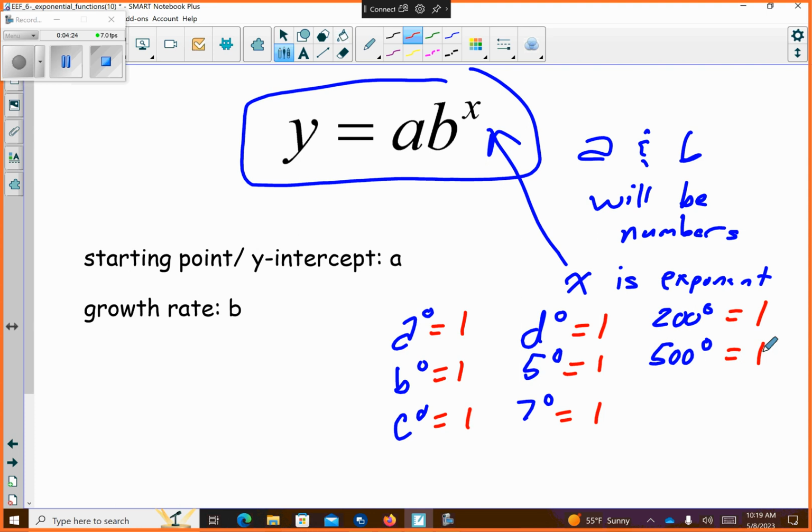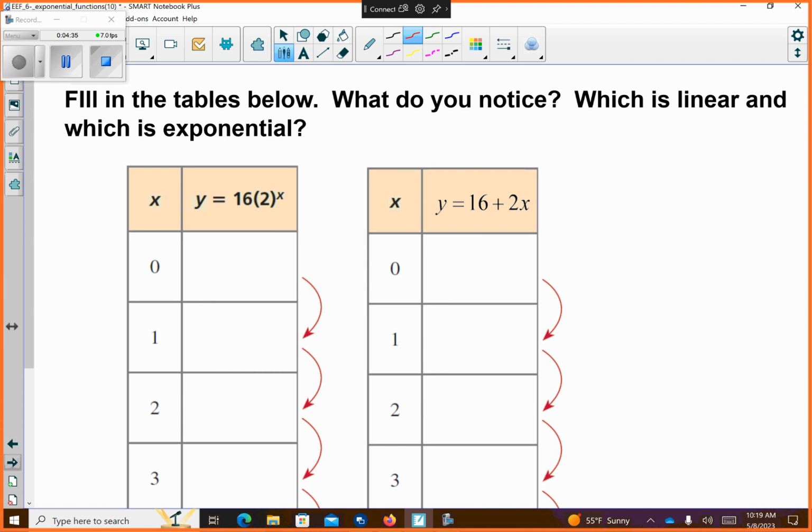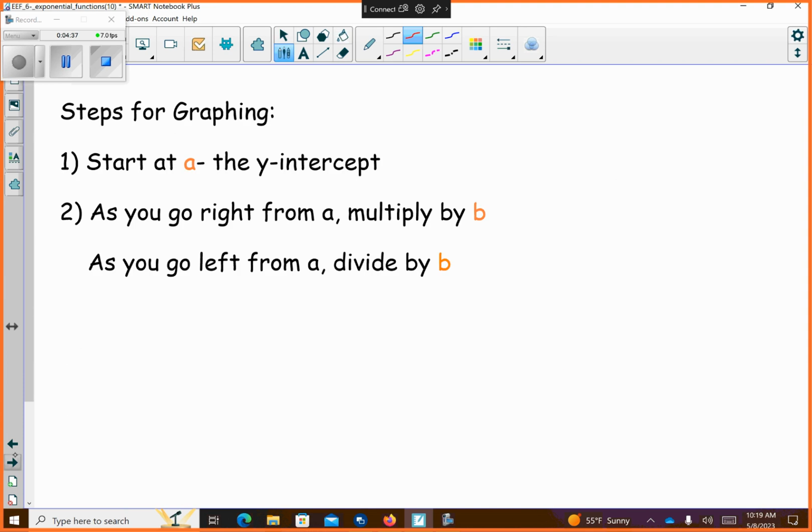Okay, so that means when we're going to do these, we're going to be dealing with plugging a 0 in for the exponent, because things happen nicely when that takes place. All right, so you start at A on the y-intercept, okay? If you go 0, comma, so this is an x value, you're looking for a y.